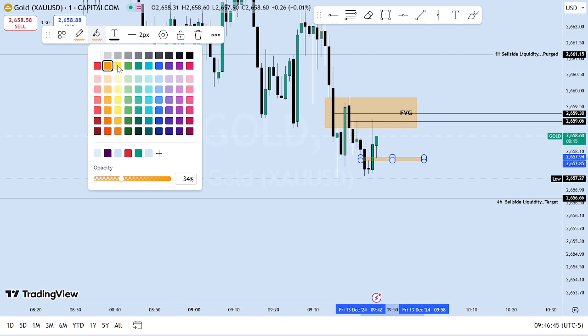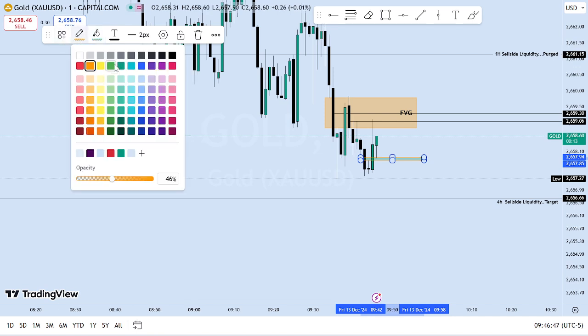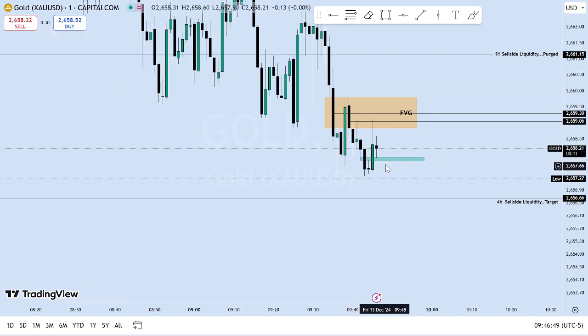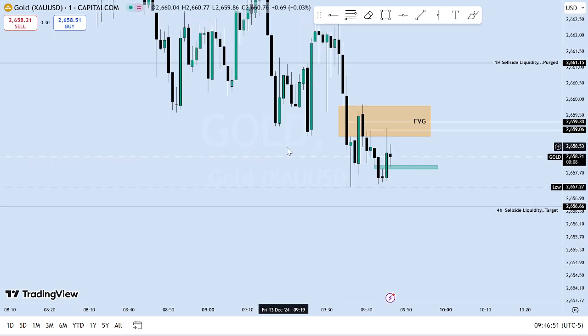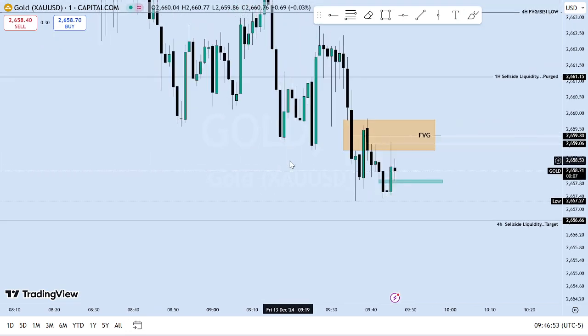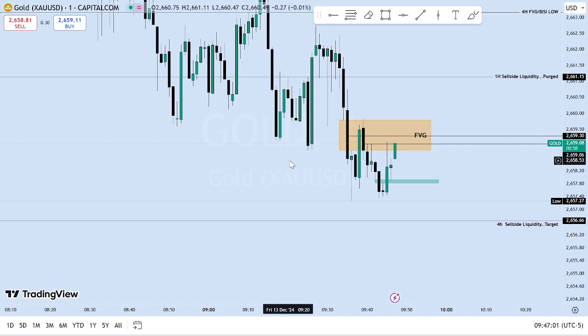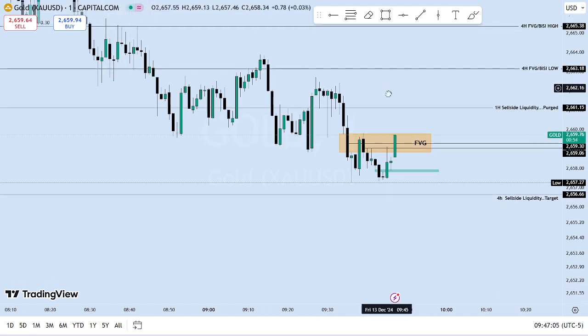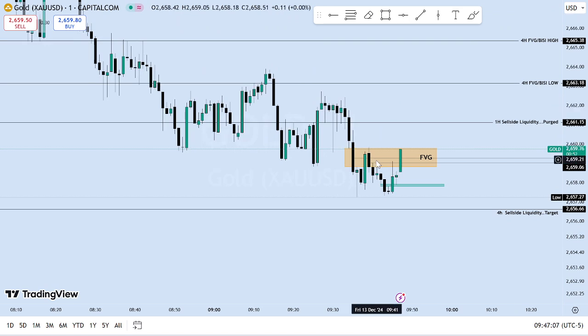See price action on that little inefficiency. The delivery.